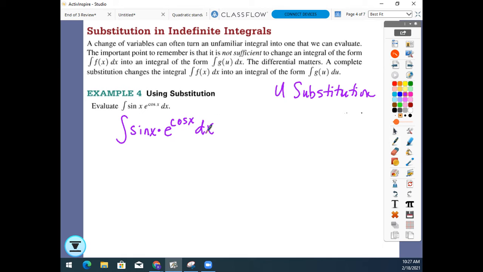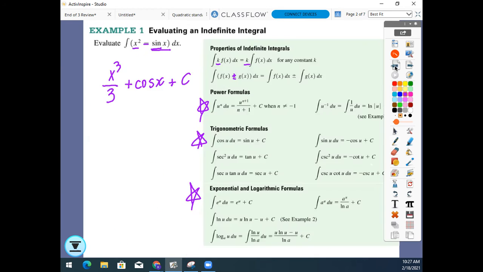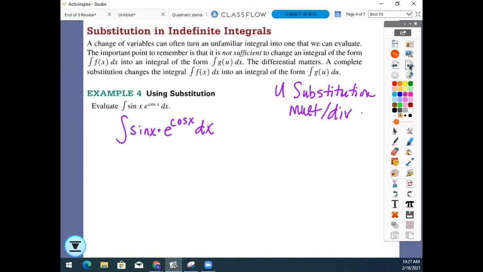You use u substitution if you have two functions being multiplied or divided. Remember, adding and subtracting, that's the properties we've been doing, you just do each one separately. When it's multiply and divide, this is what signifies you need to look at u substitution.